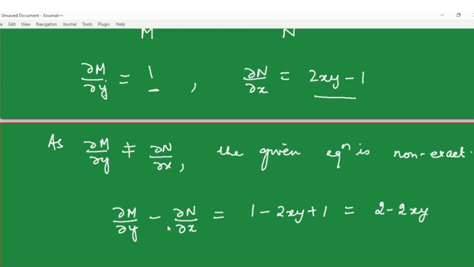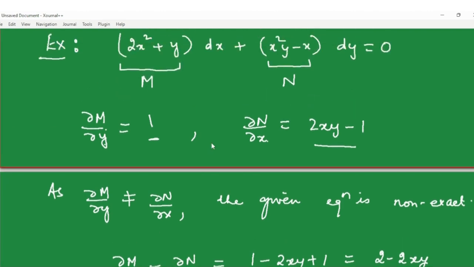Now once you have this difference, which obviously will be non-zero because the equation is non-exact, then you look at your M and N and see whether 2a will be applicable or 2b will be applicable. When is 2a applicable? If the difference on division by N lands into just a function of x. Y should not appear. Now look at this expression.